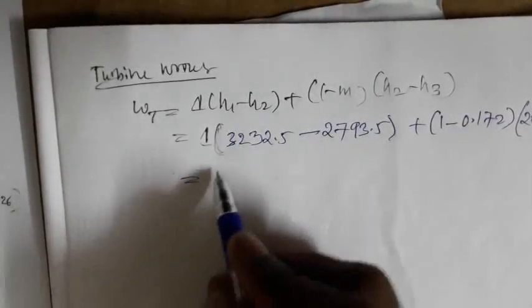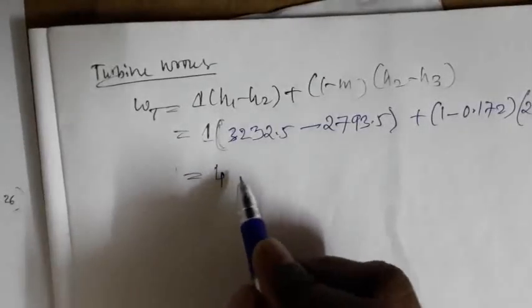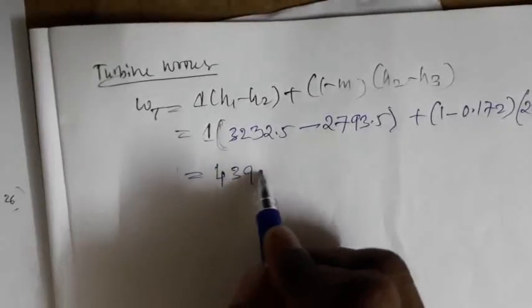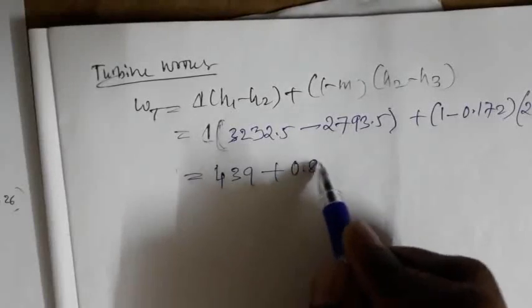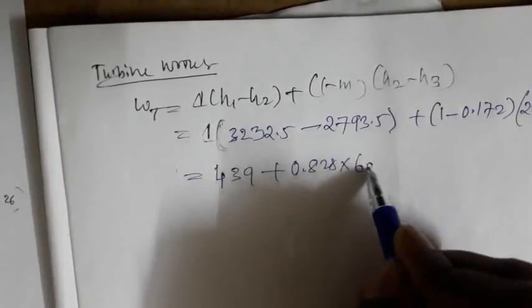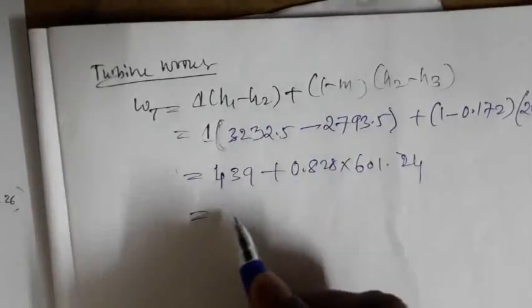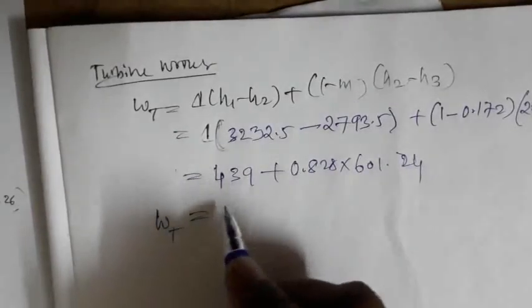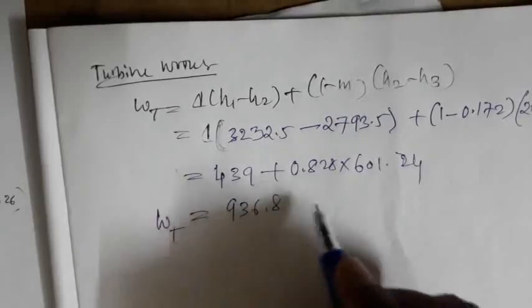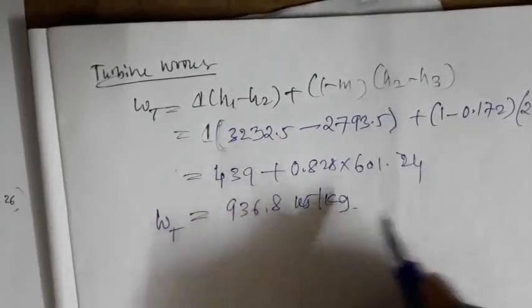So we'll be able to calculate it as 439 plus 0.8282 into 601.24. So finally the turbine work is 936.8 kilojoule per kg.